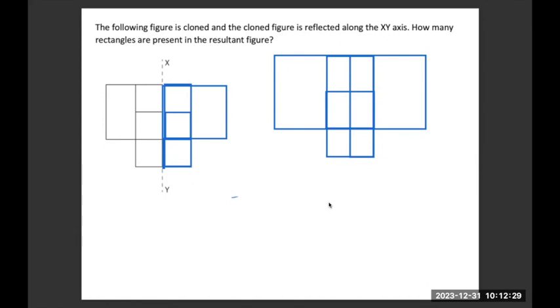Kavya, wrong answer. Mahi, Kushi, Anvi, wrong answer.